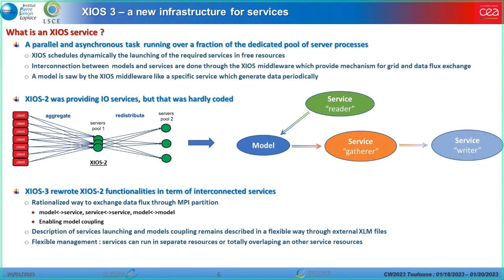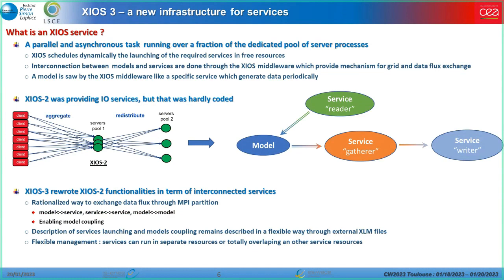So XIOS is now capable of dynamically scheduling the launching of services on the free resources, and the XIOS middleware now ensures the interconnection between the model and services and provides mechanisms for grid exchange and data flux exchange. And now the model is seen by the XIOS middleware exactly like a service that produces data periodically. So model, service, it's more or less the same for XIOS.